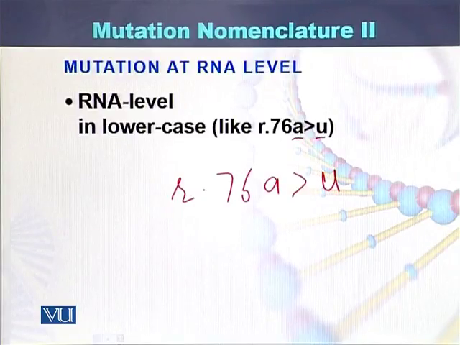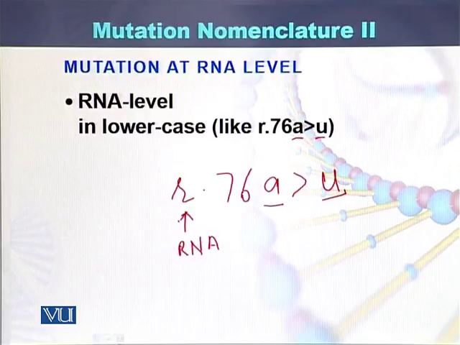The meaning of this description is that R is for the RNA, that in the RNA sequence at position number 76 there is adenine, that adenine is converted into uracil.